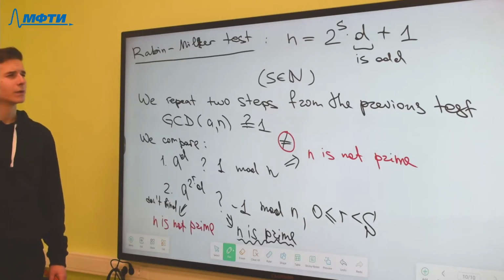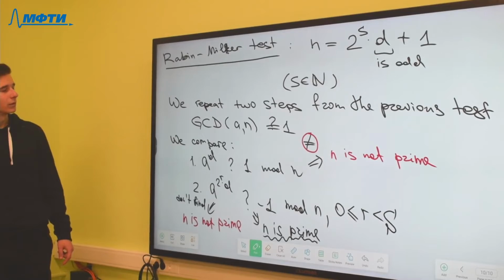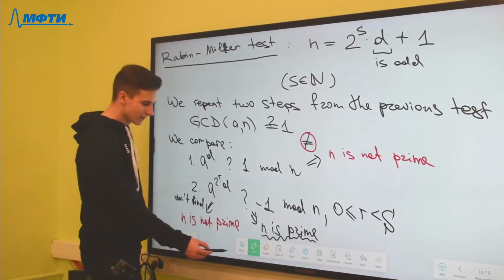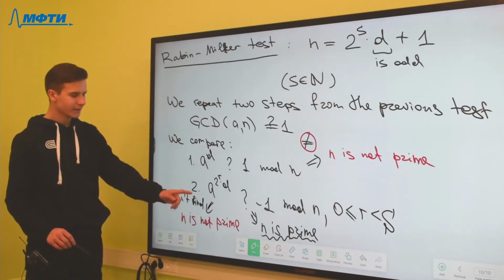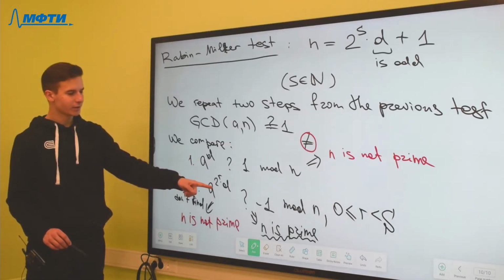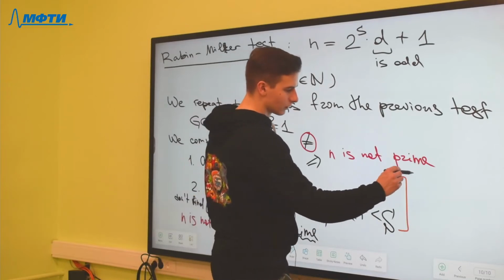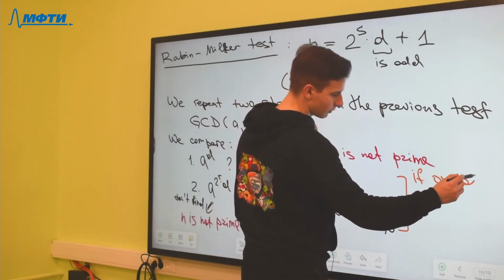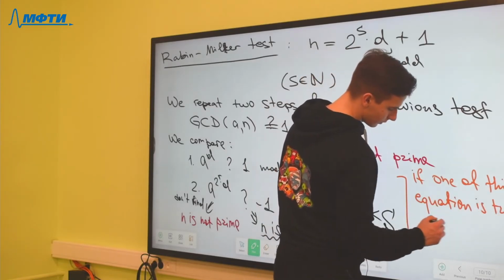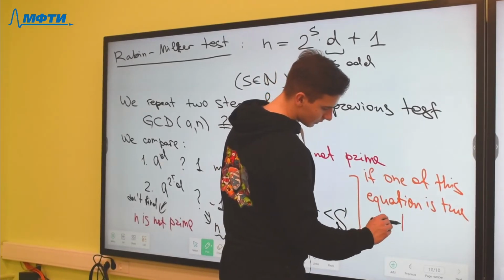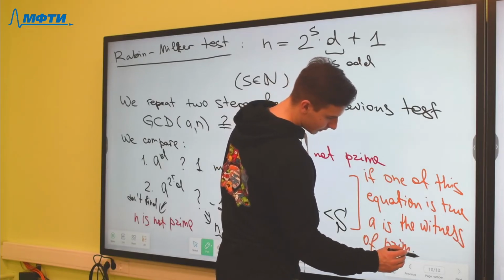That is all about this test. If we find such an r that it is equal, or if A to the power d is equal to 1, in this case the equation is true, and we say that A is a witness of primality of n.